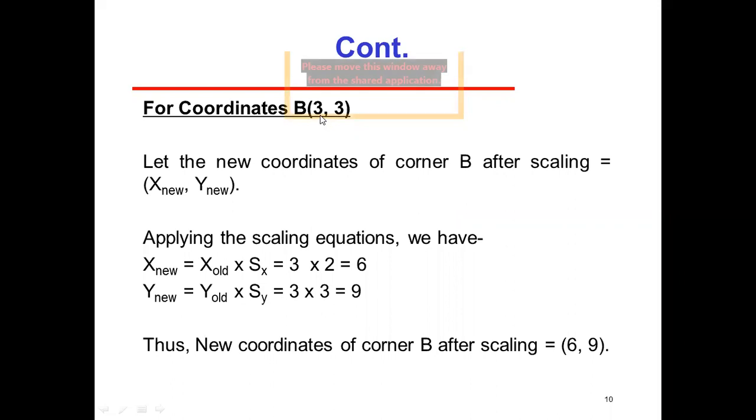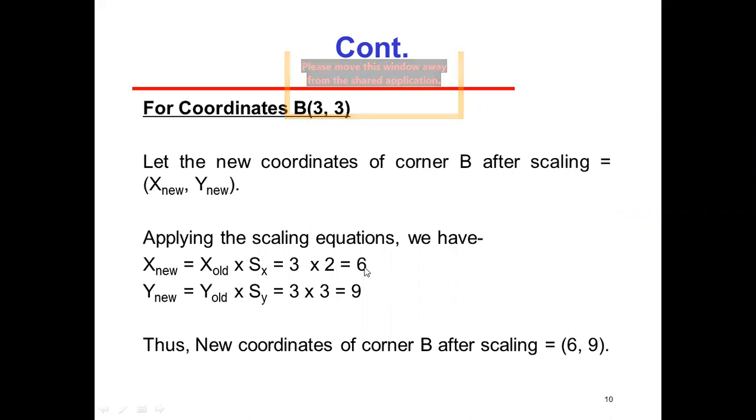Again put here x old is 3. Okay, sx is equal to already given 2. y old we are calculating for this vertex, so y old is 3, and the scaling factor we will use the same for all vertices. So sy is equal to 3, already mentioned in the problem.